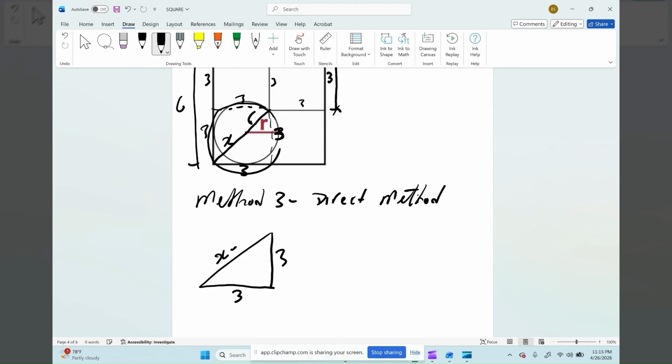Therefore, x plus r squared is equal to 3 squared plus 3 squared. Then we have x plus r squared is equal to 9 plus 9, which is equal to 18.